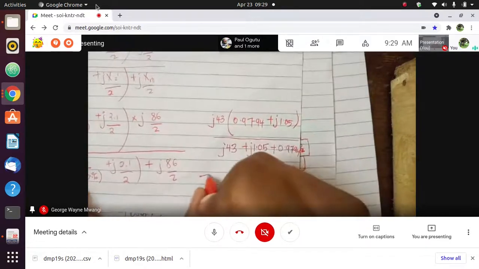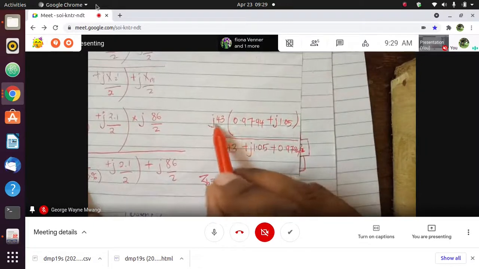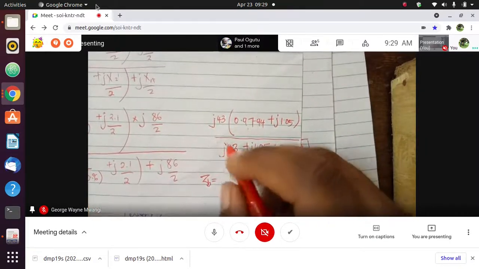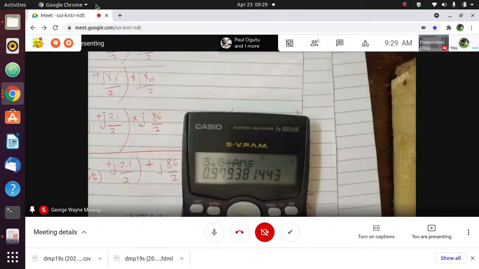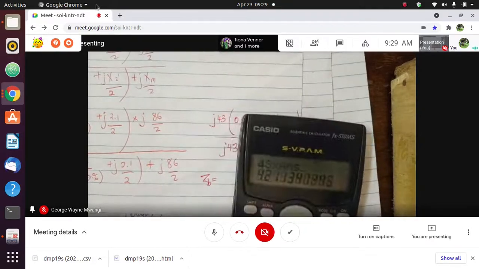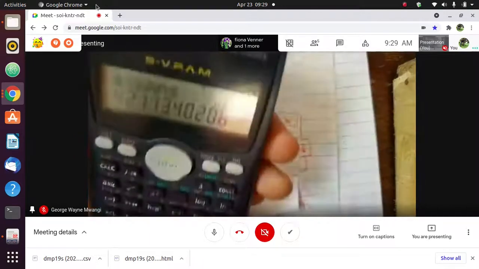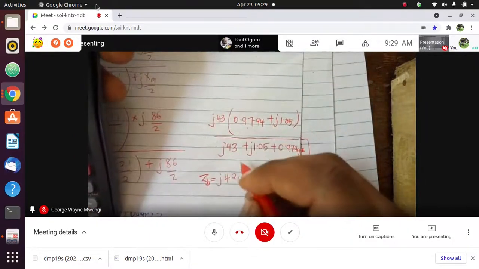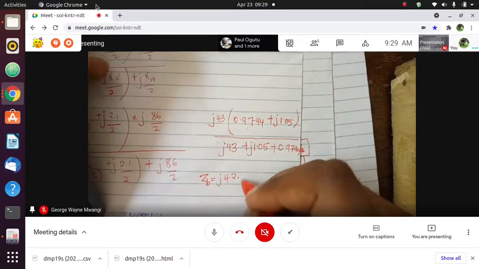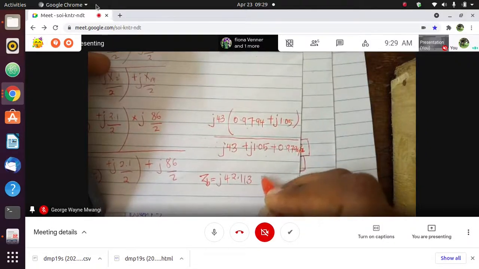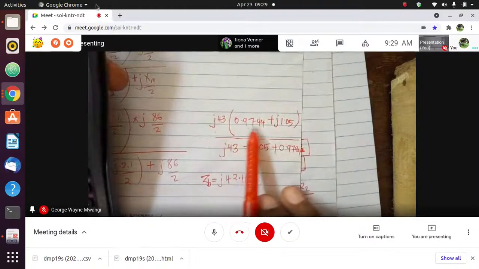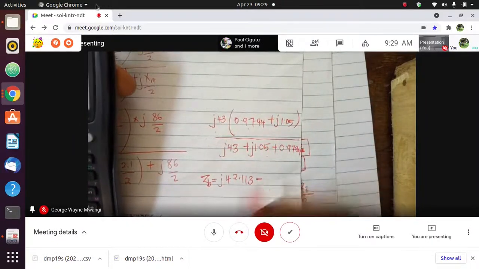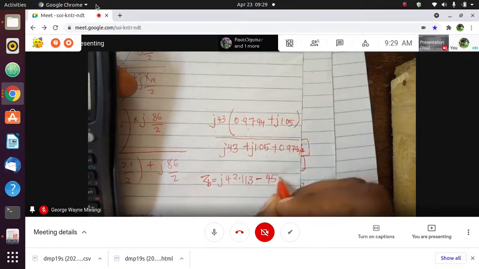So the backward flux when simplified, J times this will give you 43 times that answer, so it will be 42.113J. So now 43J times 1.05J will be minus 45.15.